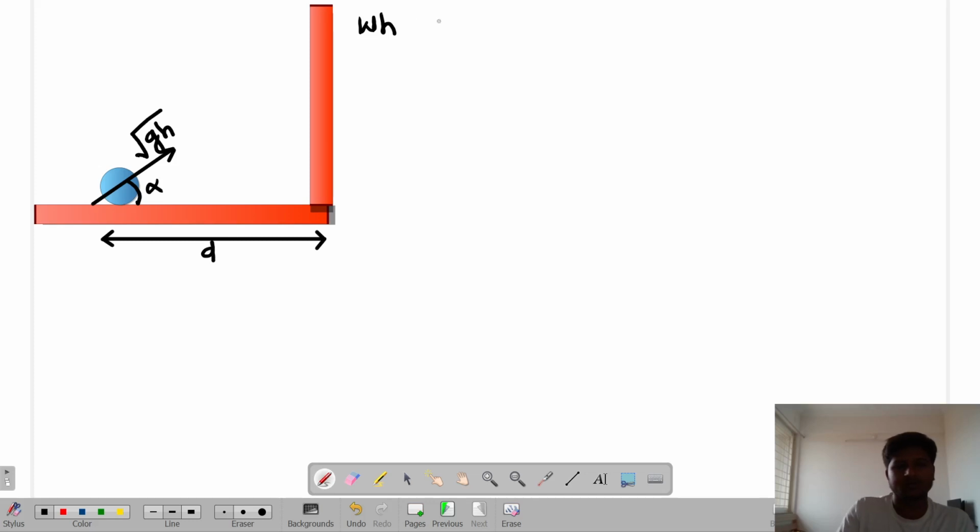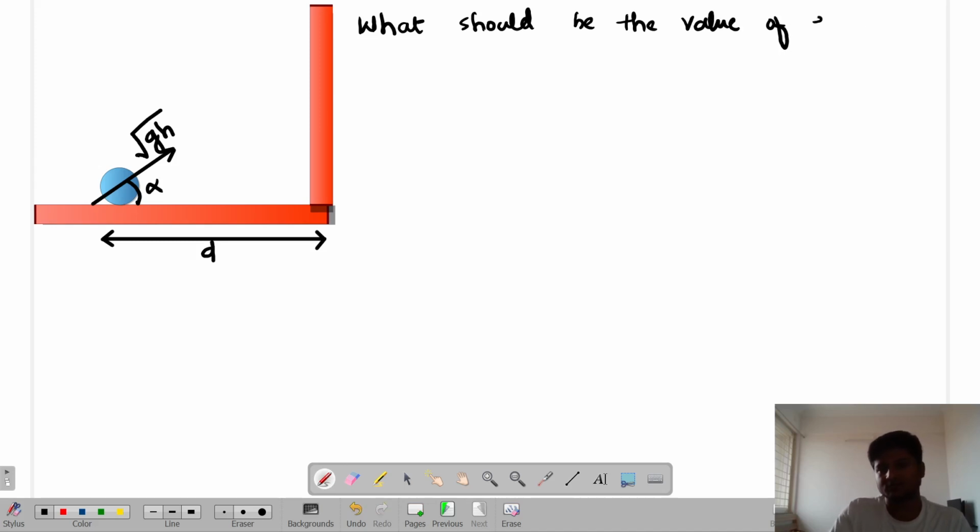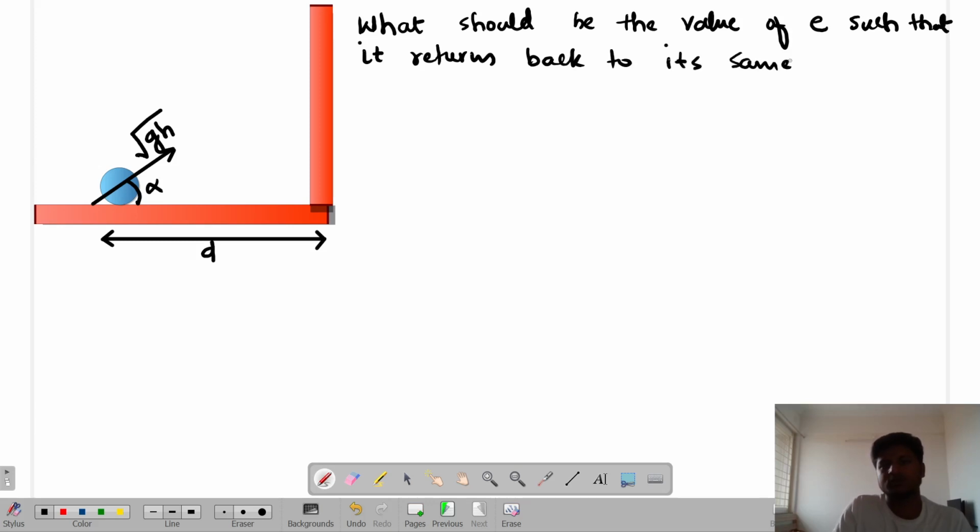Then what should be the value of e such that it returns back to its same position?